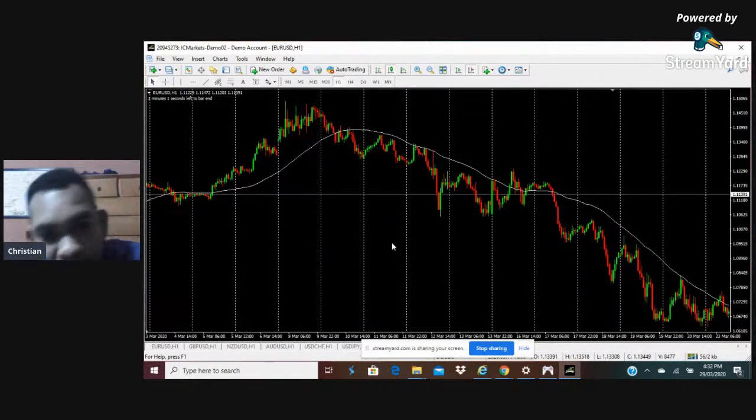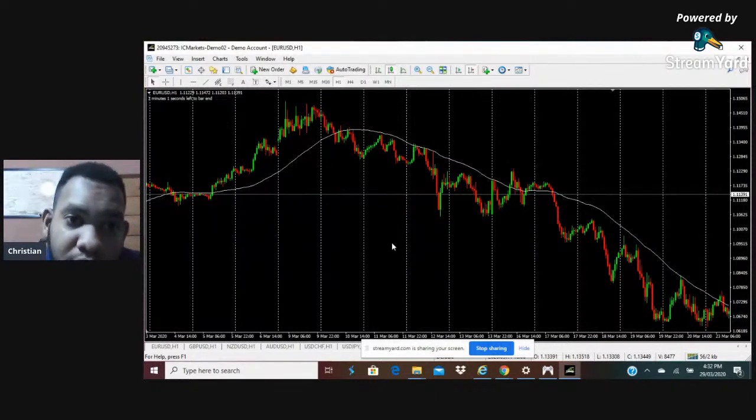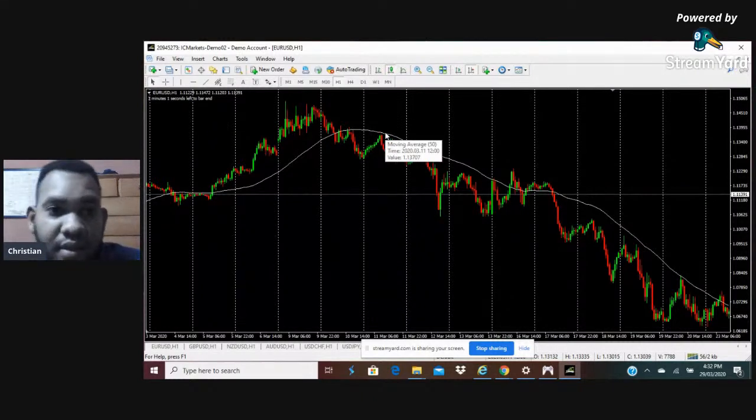Now we draw our support and resistance lines, and the only indicator that we are using is the 50 moving average. That is all. So basically, when price has gone beneath the 50, you can enter for a sell, or you can wait for the market retest.